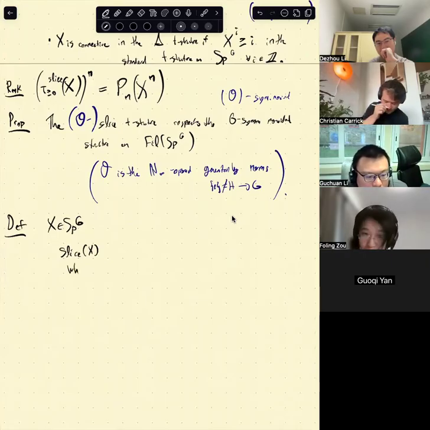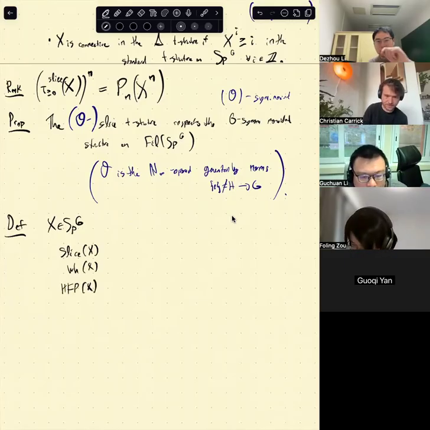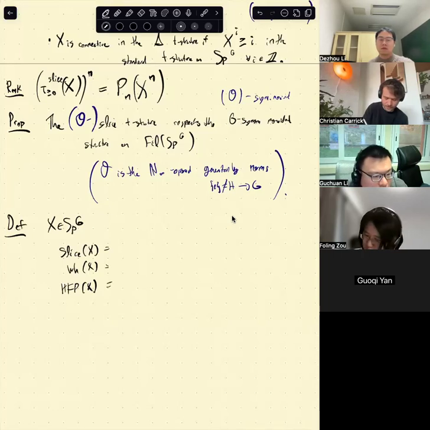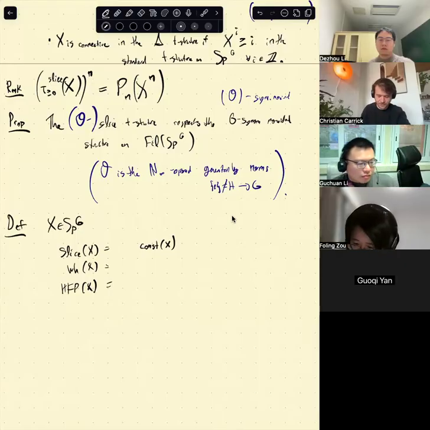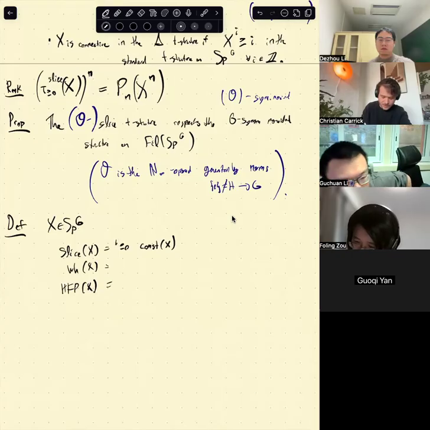I'm going to define the slice, the Whitehead, and the homotopy fixed point filtration of X. And these are all defined in more or less the same way. What I do is I first take the constant diagram at X, so the constant filtered spectrum. And then I take the connective cover of this with respect to some of the T structures I mentioned.